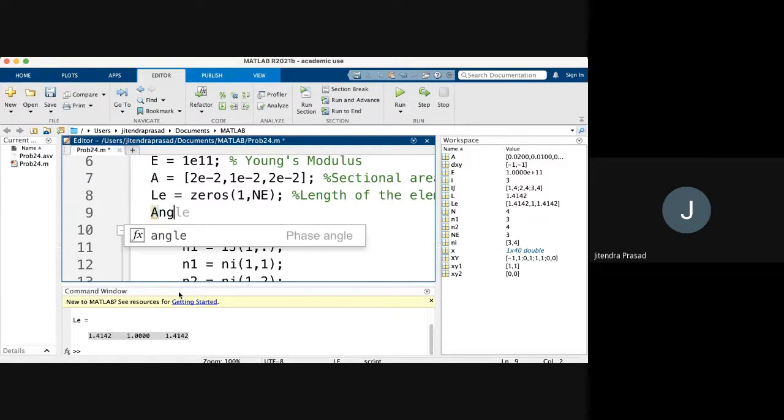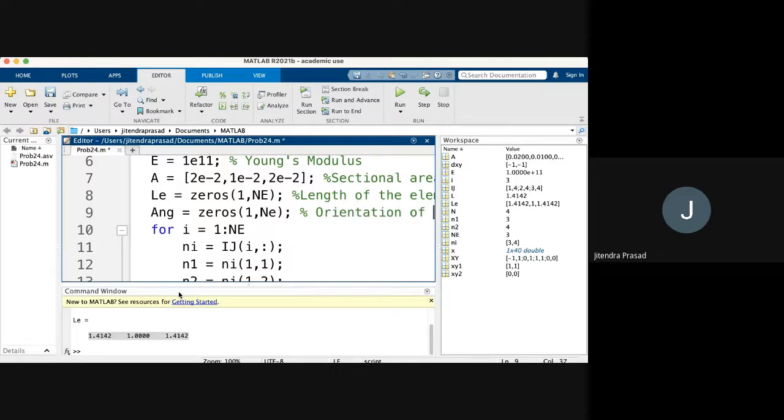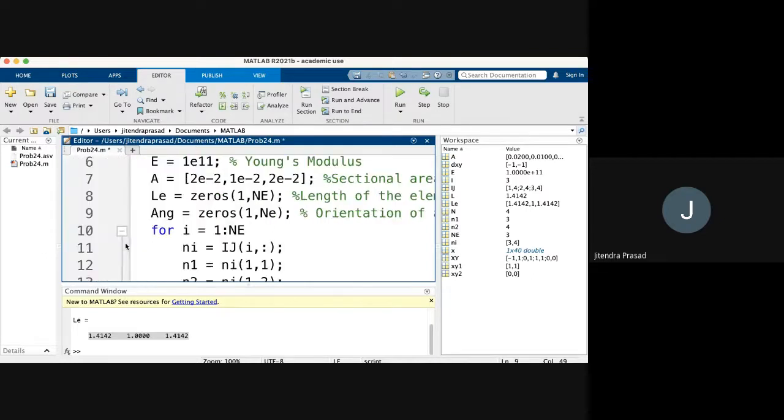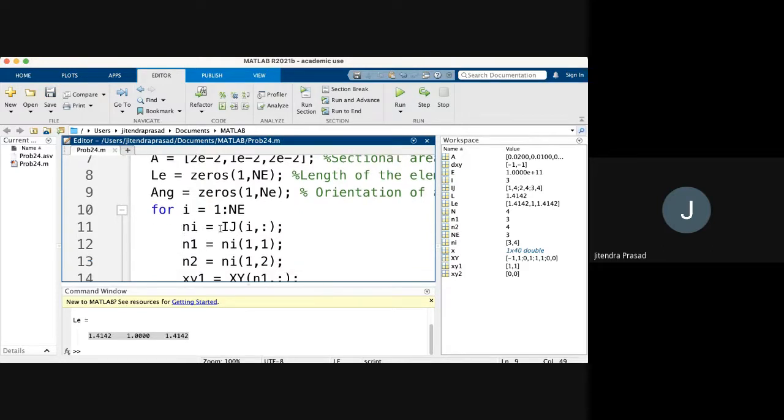So let's say angle also we want to find out, or ang. ang is equal to, again we put as zeros, 1 by n, and let's call this angle or orientation of all elements. Yeah, so we want to keep it here.